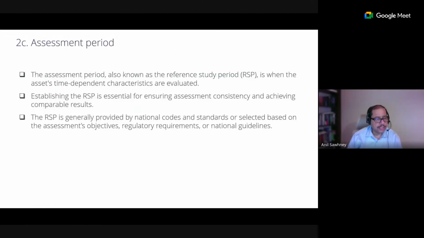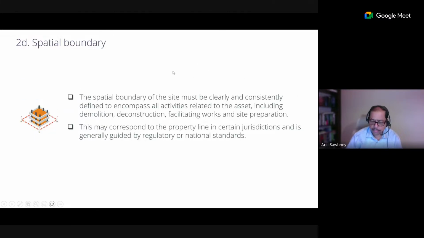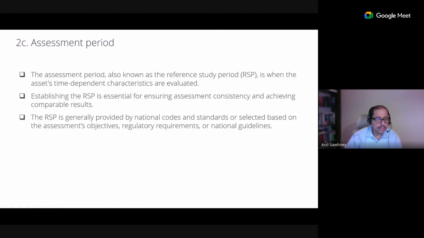Next comes the assessment period. It's also called the RSP, reference study period. So you basically are looking at the RSP, which is very crucial because remember, we are doing an estimate into the future. So in order to compare between buildings, between options, you should be using the reference study period.